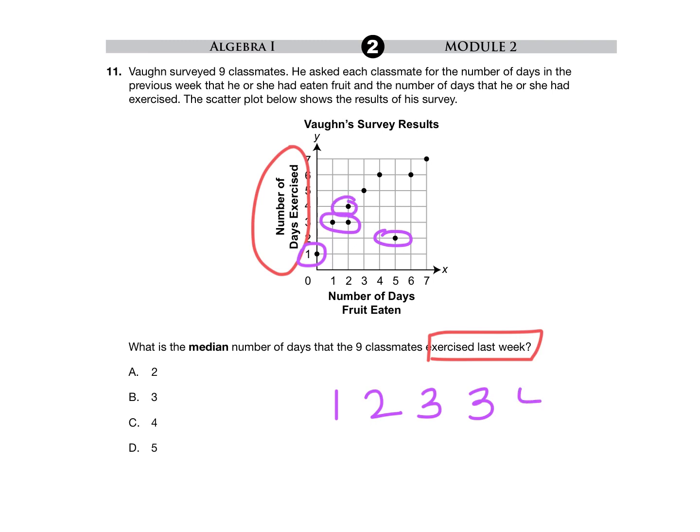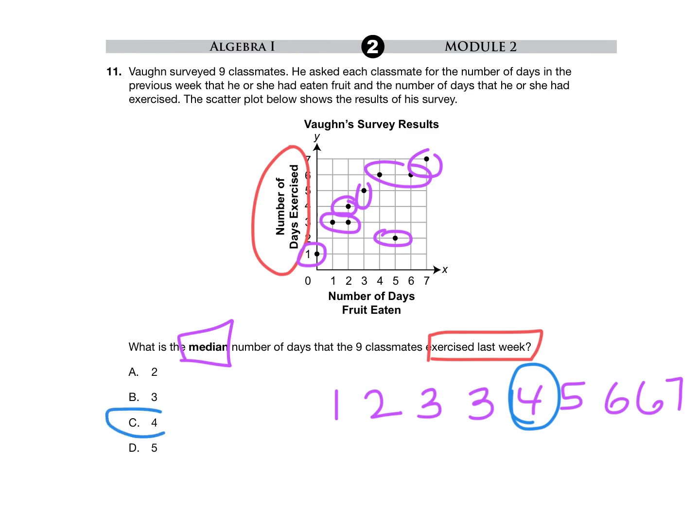Here's a person who did 4 days. This person did 5 days. I have 2 people with the answer of 6 and 1 person with an answer of 7. And so again, if I'm talking about median, meaning the middle number, and since there's 9 numbers, I'm looking for the number exactly in the middle, so 4 below and 4 above. So 4 would be my median.